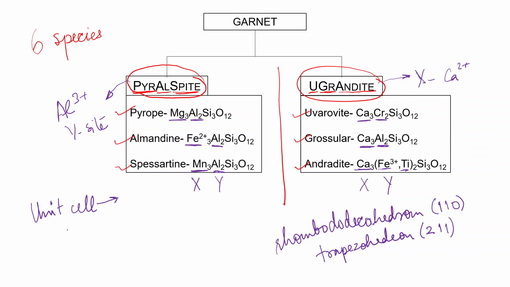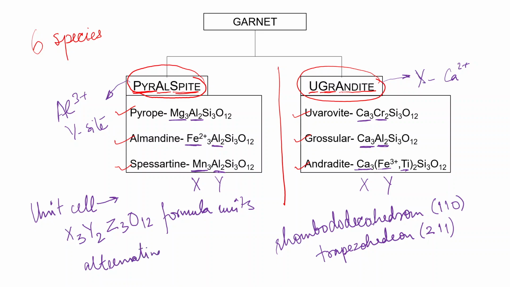Now, based on the formula that we have seen, the unit cell of garnet consists of X3, Y2, Z3, O12 formula units. Now, this formula unit consists of alternating ZO4 tetrahedra and YO6 octahedra.